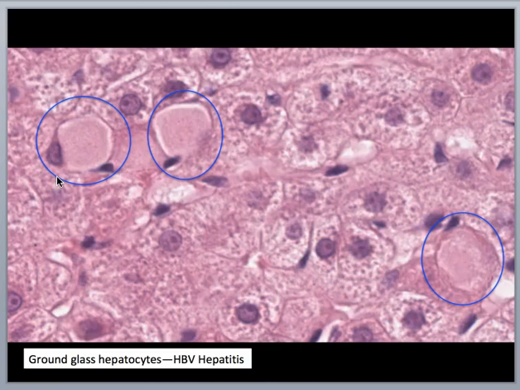But basically these cells have a large amount of eosinophilic cytoplasm that has kind of a homogeneous glassy appearance, and the nucleus is pushed out to the edge. If you looked at these under electron microscopy, the cytoplasm would be filled with the HBV virions.